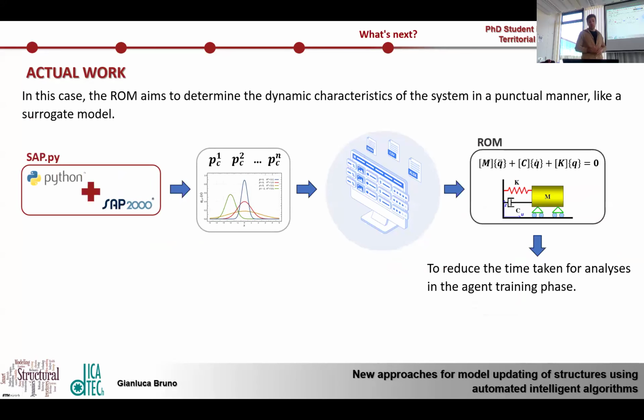In particular, I use the first algorithm to create the dataset and to create the reduced order model, that in this case is like a surrogate model. Also because in this first phase the agent has to perform only the model analysis.